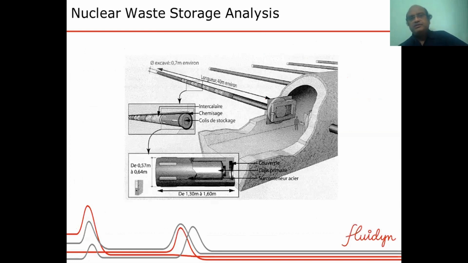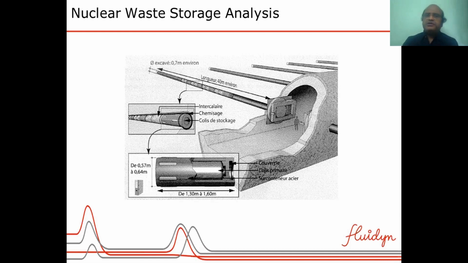I will finish this presentation with just one more problem that we have solved, which is on nuclear waste disposal. It is a very important aspect of the nuclear industry. The spent fuel has to be disposed of in a very careful manner with a lot of precautions to avoid damage to the environment.